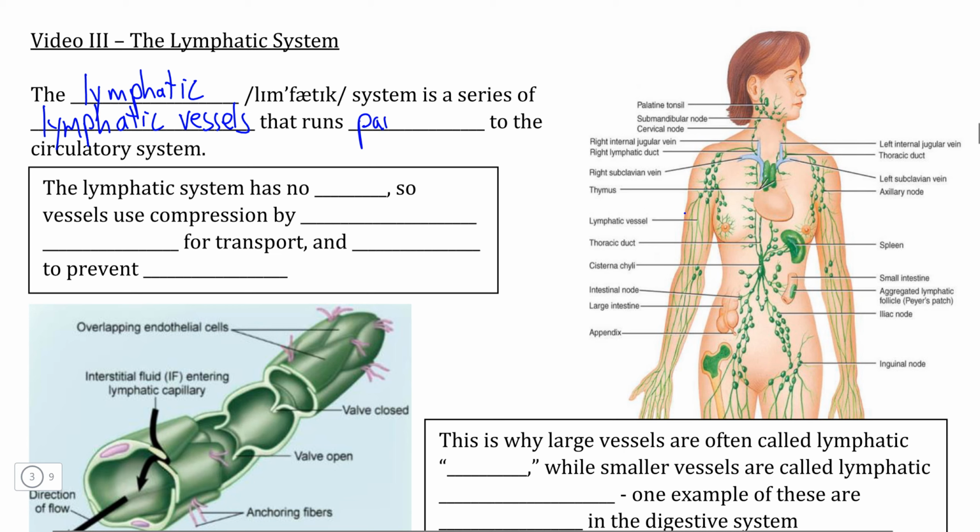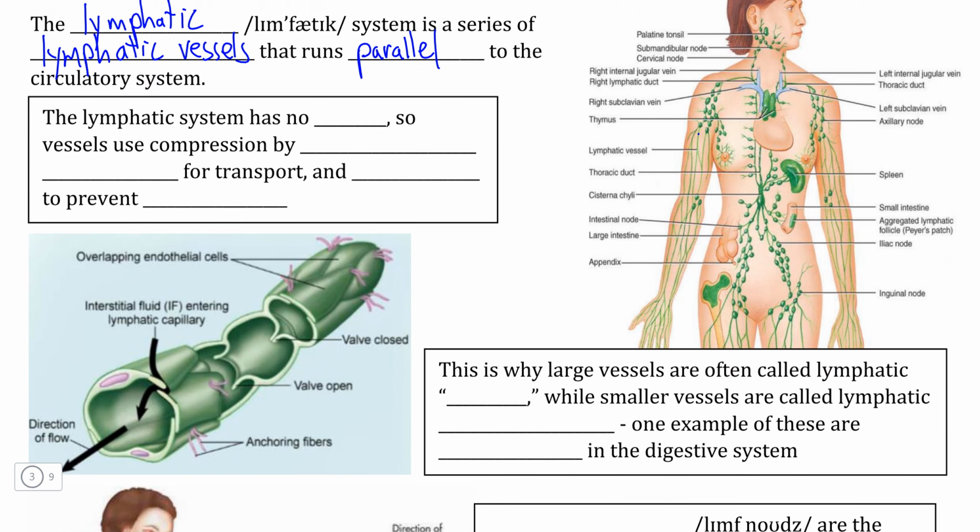So we can accurately say that the lymphatic system runs parallel to the circulatory system, in that you can find both blood vessels and lymphatic vessels everywhere in the body, but the two do not directly contact one another most of the time. The main distinction in the structure, however, is how lymphatic vessels actually work.